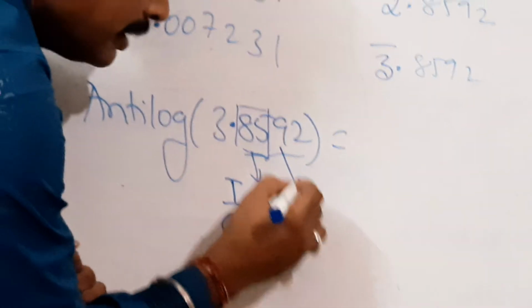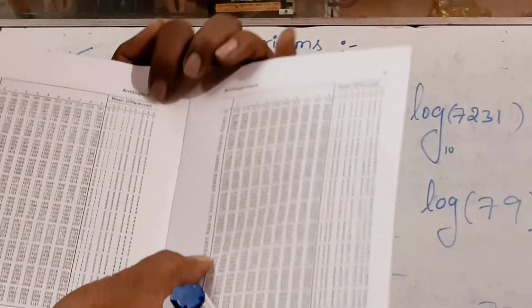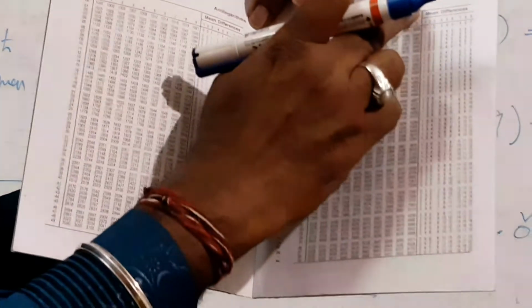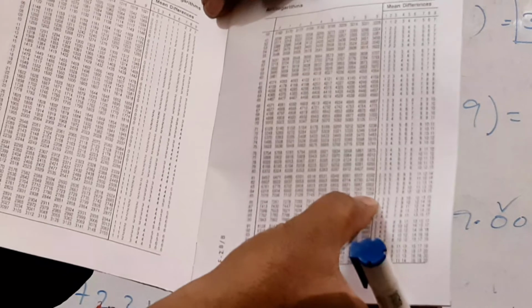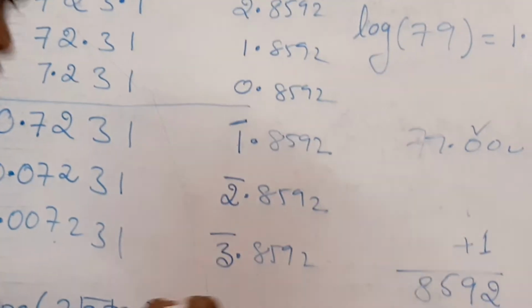Now the next number is in the first row. How much do we have to go? 9. So for 9, this is the 9th position in the first row. See here, first row 9, 0.85 here. The corresponding number is 7228.